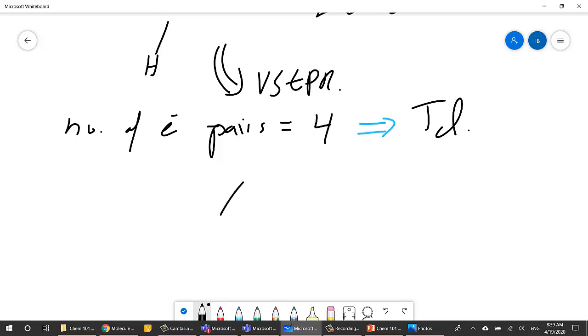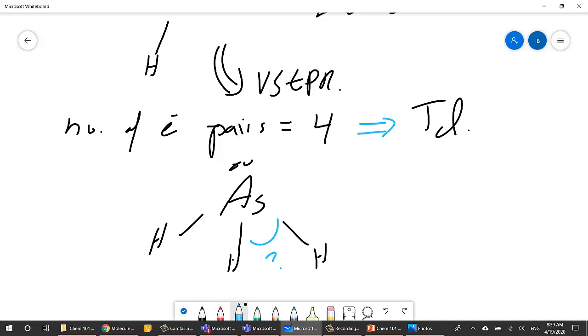Maybe you can draw it like this. This is As, and this is one hydrogen, and this is one hydrogen, and this is one hydrogen. Now the question is, what is this angle? The angle is the tetrahedral angle. In our table on the previous page, we didn't mention the angles, but you should know them by now.